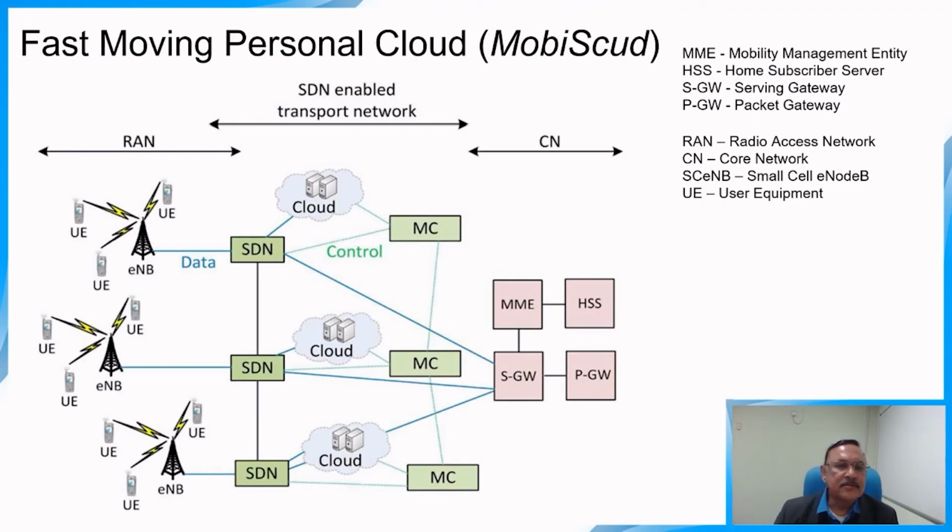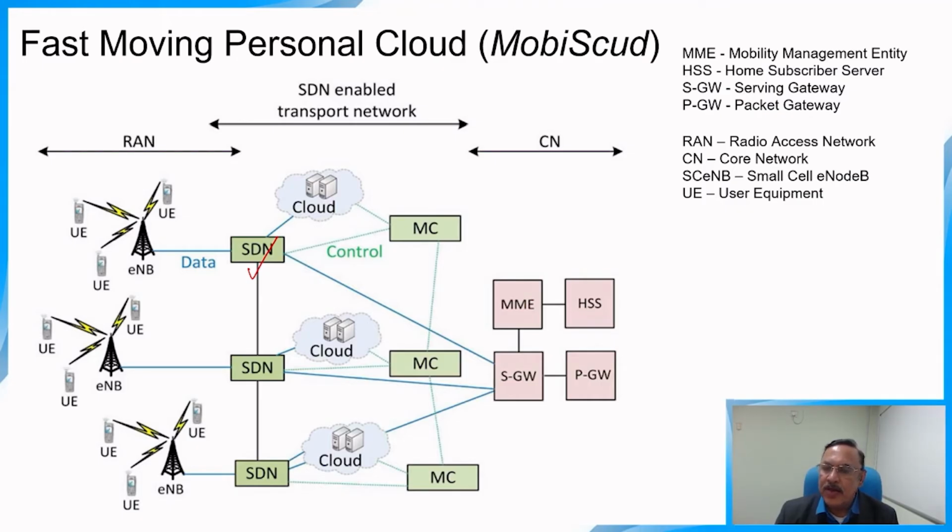Now, the next type of architecture for MEC is the fast moving personal cloud, MobiSCUD. It integrates the cloud services into the mobile network by means of software defined networking and NFV, that is network function virtualization, while maintaining backward compatibility with the existing mobile network.